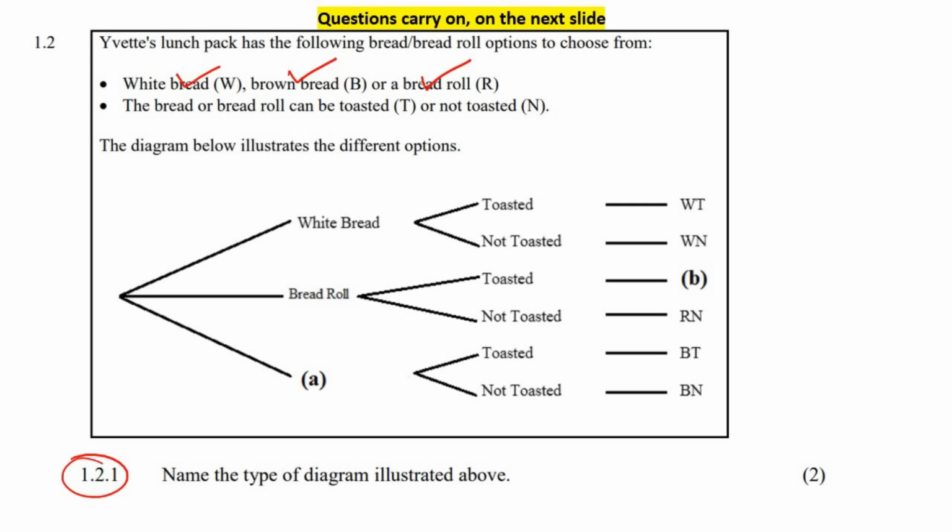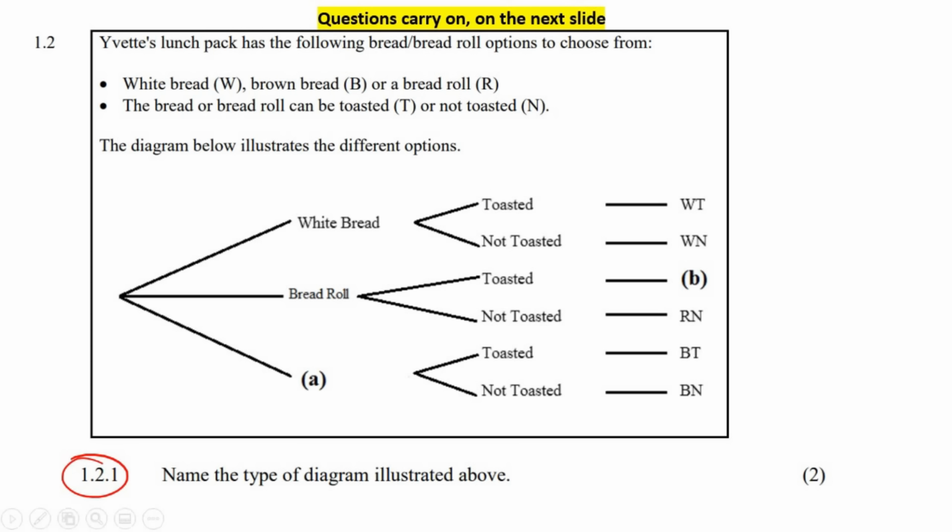And then the bread or bread roll can be toasted or not toasted. Okay, so if you are a person who's about to get a sandwich, you can choose whether you'd like to have white bread, a bread roll, or this one here, which is probably going to be brown bread. Then after you've chosen that, you can choose whether you would like to have it toasted or not toasted.